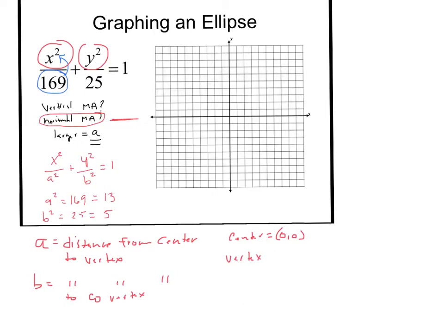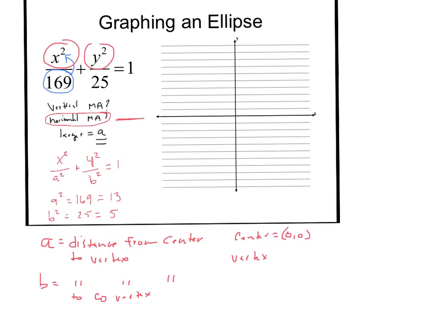I'm going to shift those 13 units in an x direction. Basically I'm going to take my x value from the center and add and subtract those 13 units, and that's going to give me my vertex points of plus or minus 13, 0.